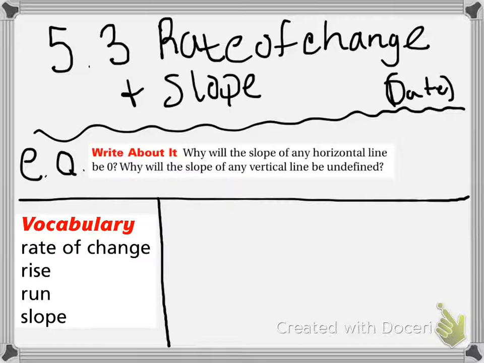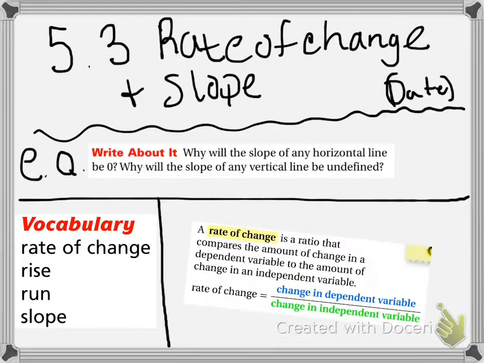Alright, our first vocabulary word is rate of change. The rate of change is a ratio. That's a key word, ratio, that compares the amount of change in a dependent variable to the amount of change in the independent variable.